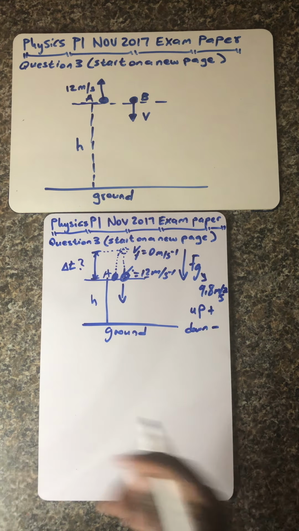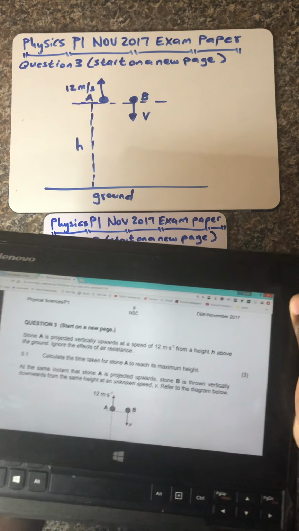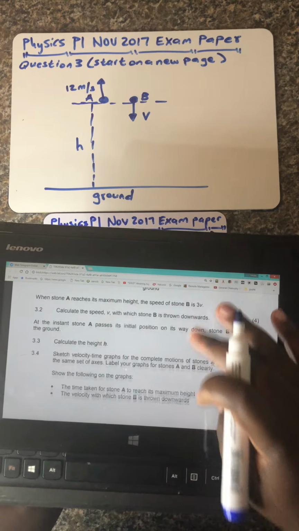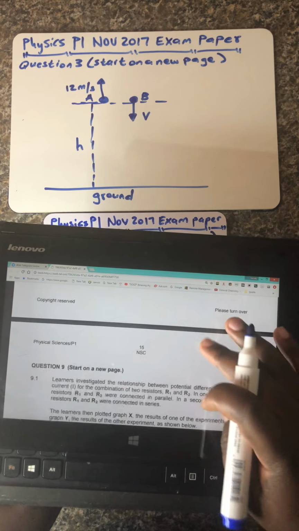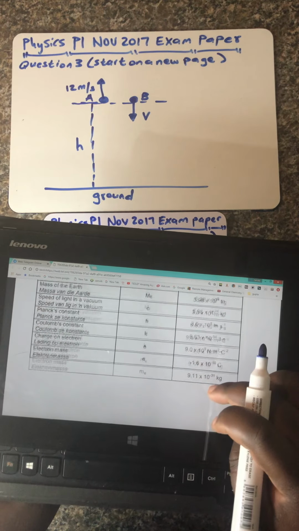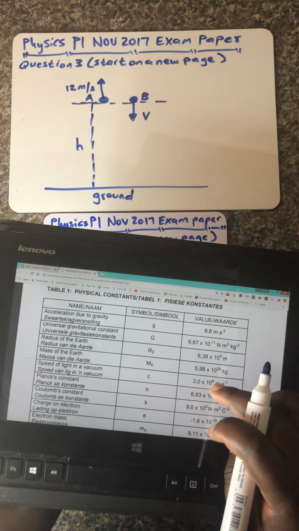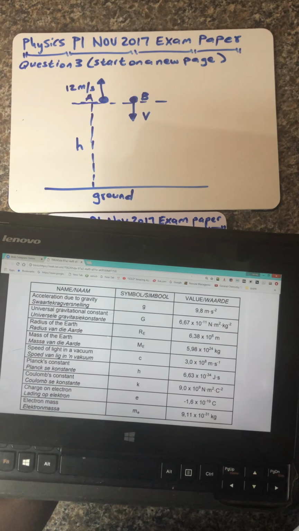Okay, so now we can have a look at the formulas and try to see which formula is going to be suitable for this question. Remember guys, at the end of the question paper you are given this information, physical constants.